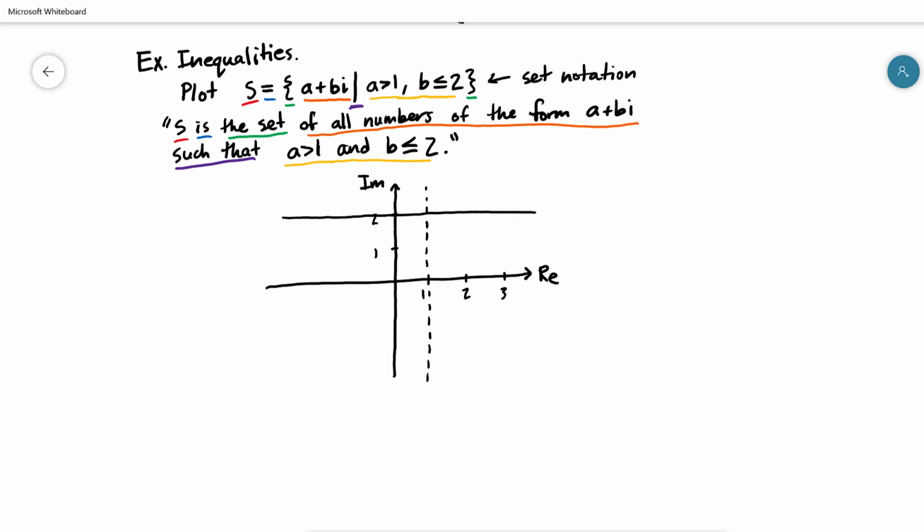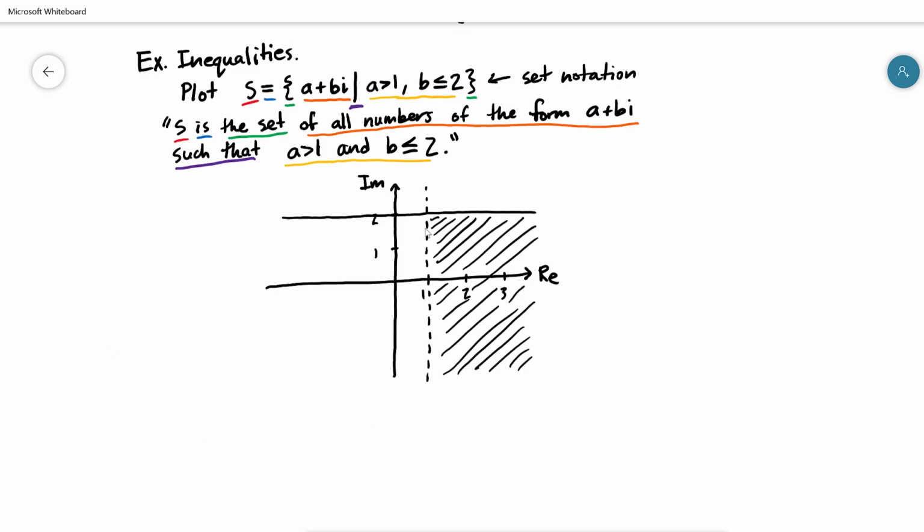And so I'm interested in basically all of the points in this shaded region. This is the region that we care about. Just try not to cover up what I've already drawn too much. But this is the idea. We've split things up.